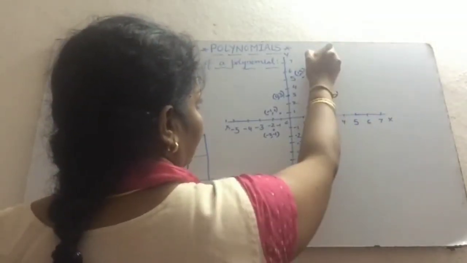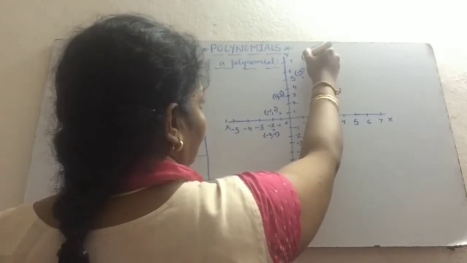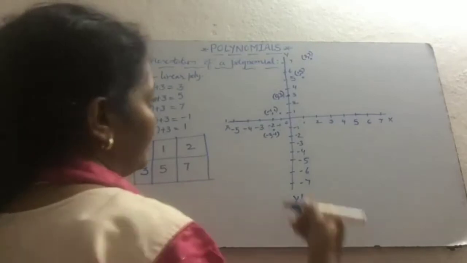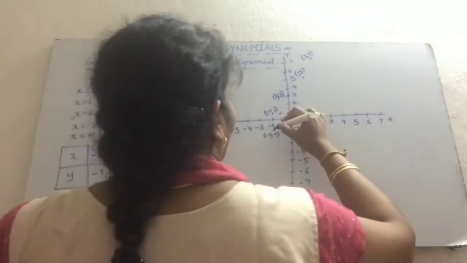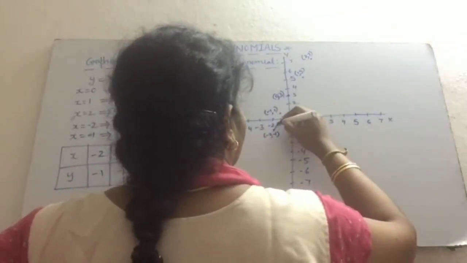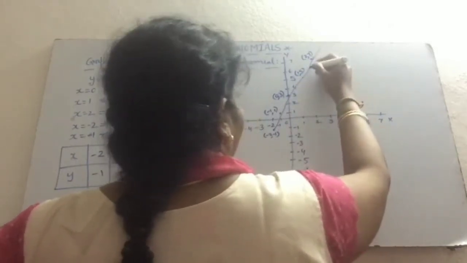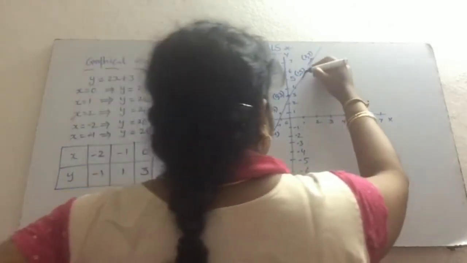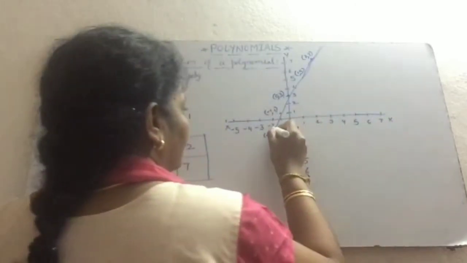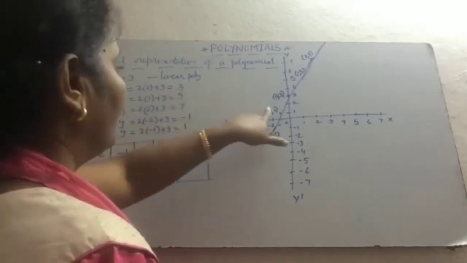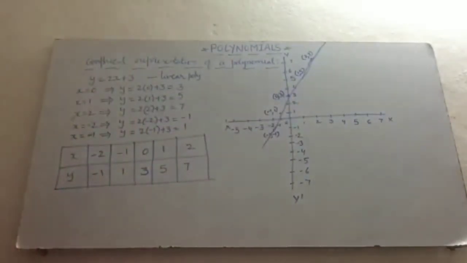So here we will join all these points. We will get a straight line. This is the linear equation y equal to 2x plus 3.